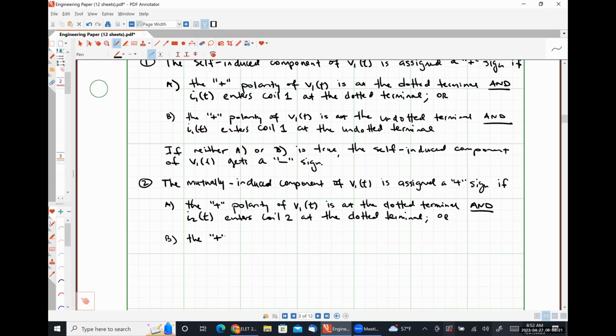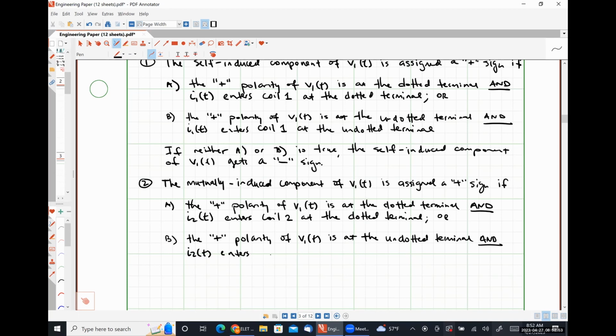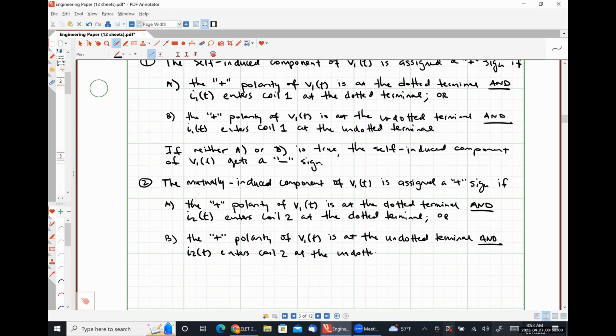So if the positive polarity of V1 is at the undotted terminal, and I2 enters coil 2 at the undotted terminal, we'll also have a positive sign for the mutually induced term, right?